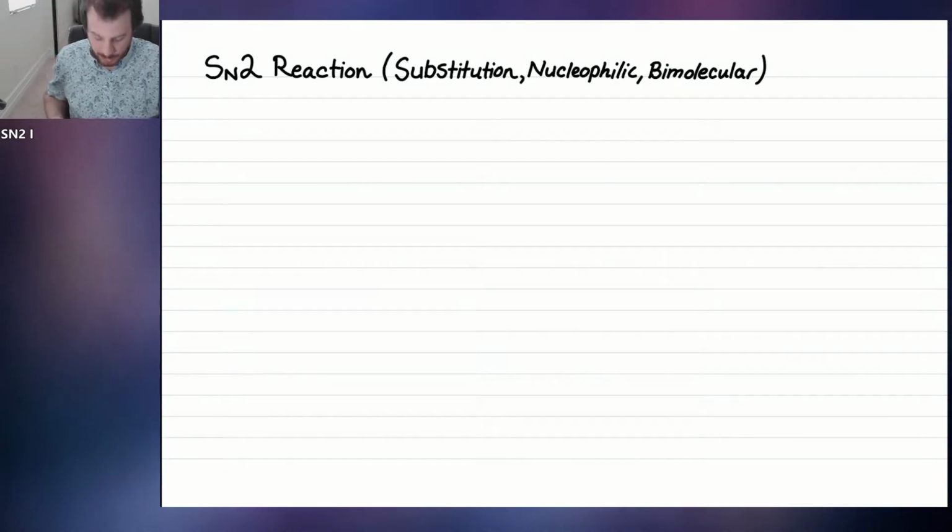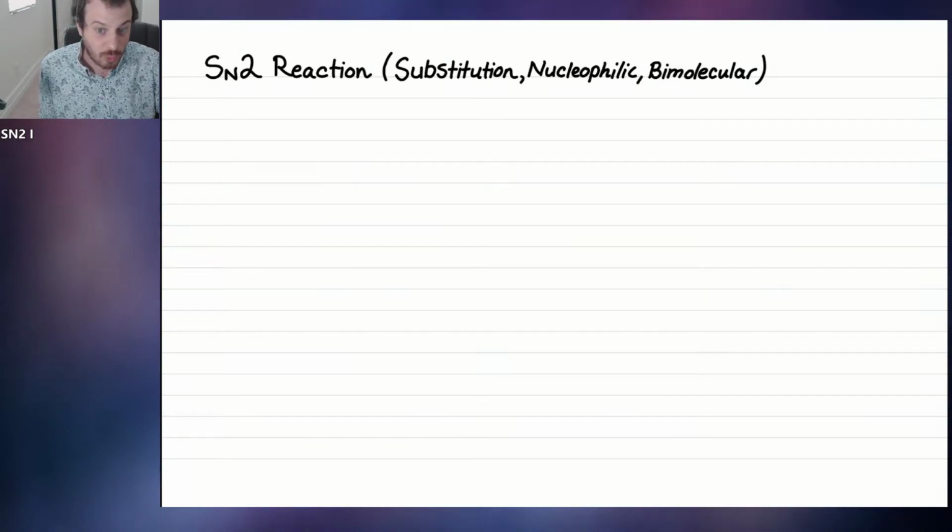So we can break down the parts of this name and see why it's called this. Substitution: this is going to be a substitution reaction. When we look at the reaction, you'll see why, because one group is replacing another, it's substituting another. It's called nucleophilic because the group that's doing the replacing is a nucleophile. And it's called bimolecular. We'll talk about what that means a little bit later on.